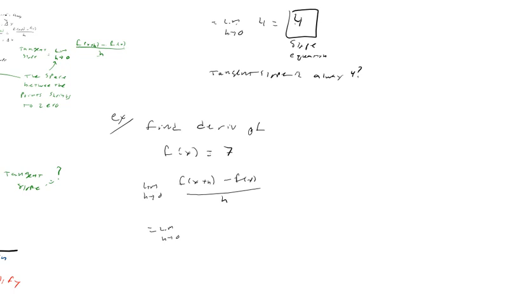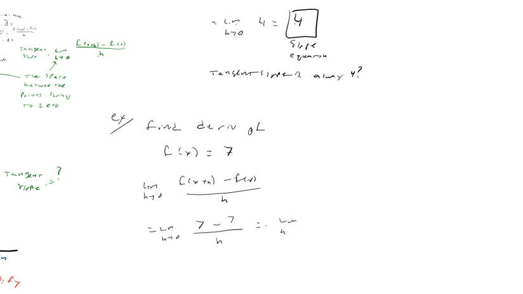There is no x, right? There's nowhere to put this x plus h. So it's just going to be a 7. So it starts at 7. Again, there's no x, so I don't have an equation. It's just going to be minus 7 over h. So that's going to be, well, okay, limit as h approaches 0 of 0 over h.